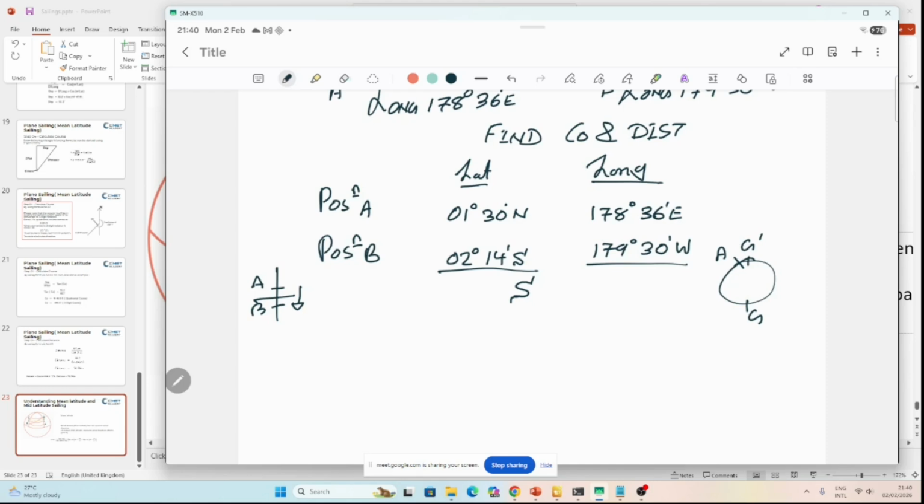Oh, sorry, the opposite. 178.36 east is here, 179.30 west is here. So you are moving in an anti-clockwise direction. That means you are moving towards easterly. Are we good?